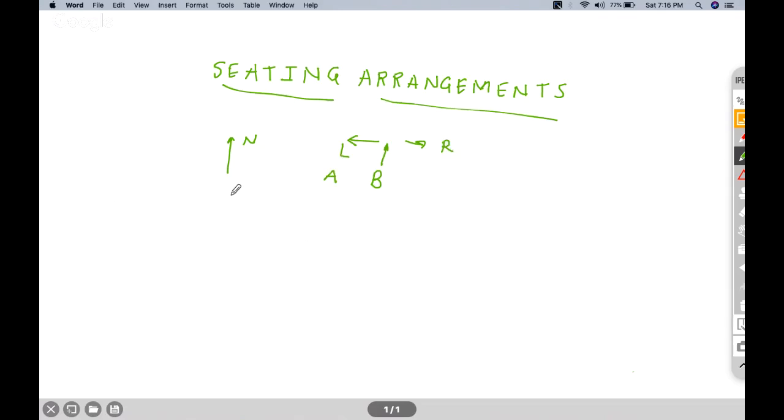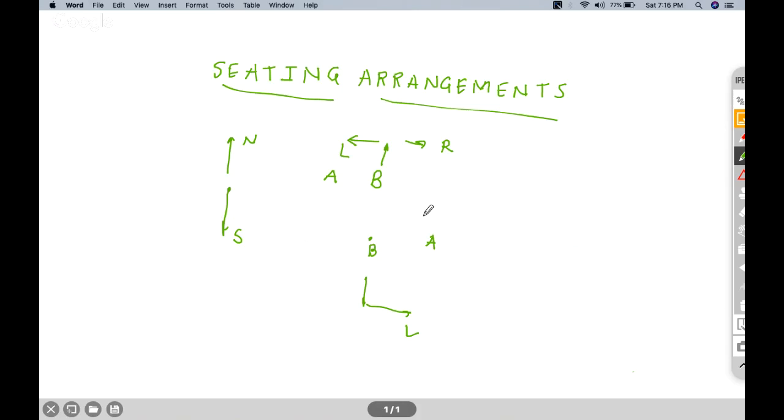But on the very opposite, if somebody is facing south, and I say that A is sitting left of B, left becomes this side. So A would be sitting here. So you always have to look at the direction in which objects are facing.